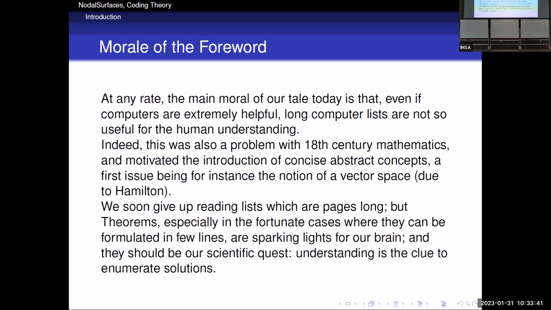And there was a development of precise abstract concepts, like, you know, the first being the notion of a vector space, which some physicists say was the only good thing which remained from Hamilton's work, but I disagree. So if a list is too long, well, what's the point?